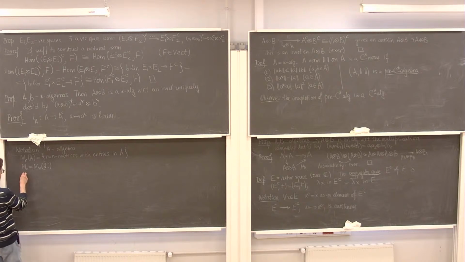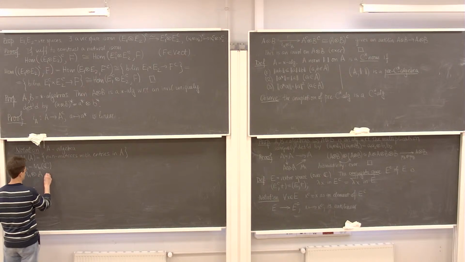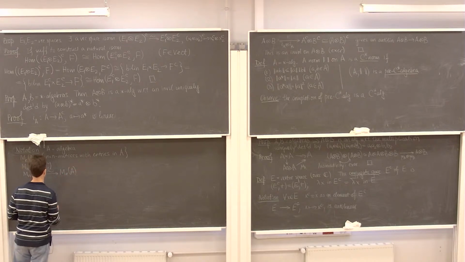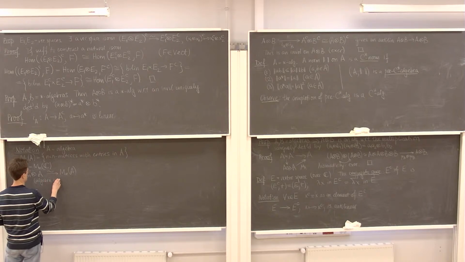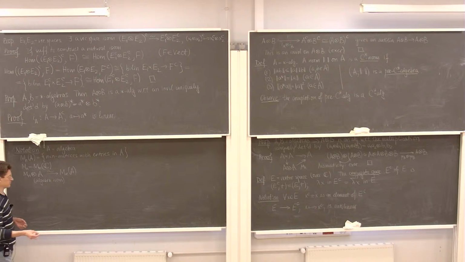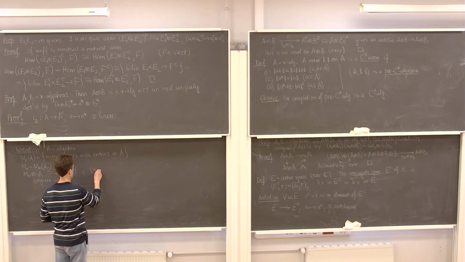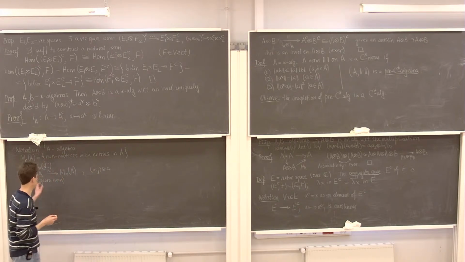And let's observe that we have an algebra isomorphism between the tensor product of Mn and A and the algebra Mn of A. This is an algebra isomorphism given by the following simple formula. You have a complex n by n matrix alpha ij and an element little a in our algebra.